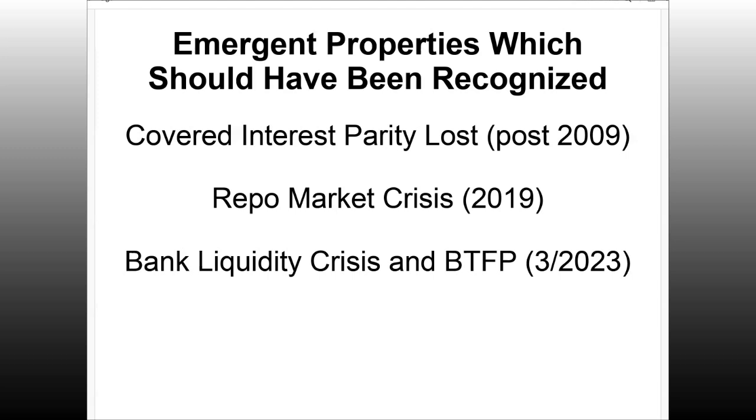And they have a duration risk because they are dependent upon deposits, which are short-term and volatile and can go anywhere if they are able to get a better return elsewhere.